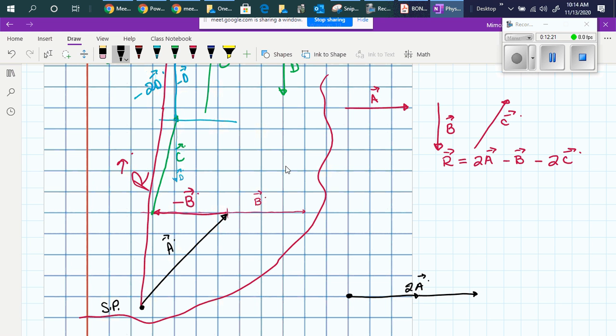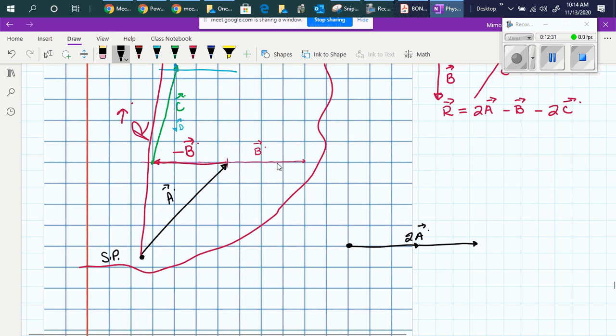Multiply the magnitude, or plot the vector twice in the same direction. If it was B, you would go straight down. Since it is negative B, you will go up in the opposite direction with the same magnitude. And then if it was 2C, you would go 1C here and 1C here.